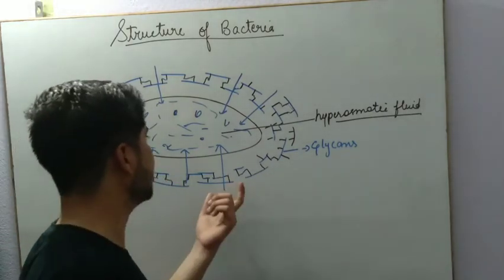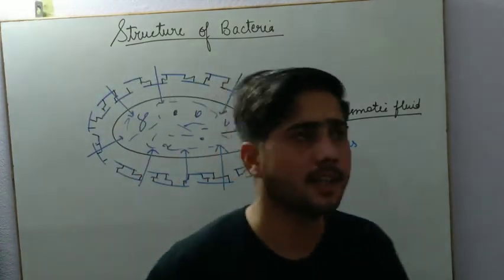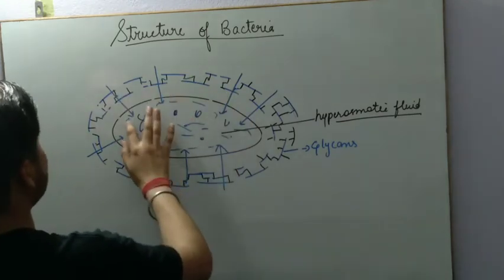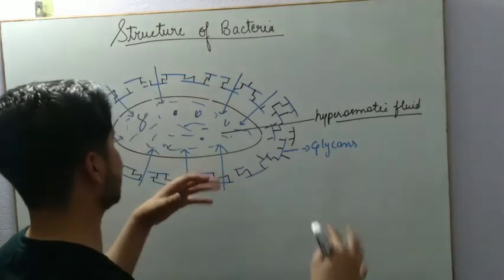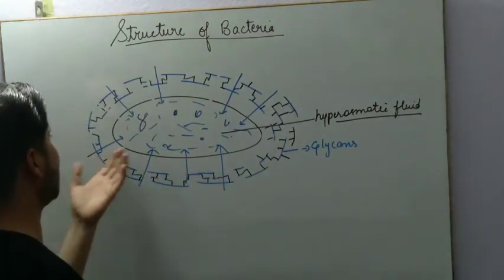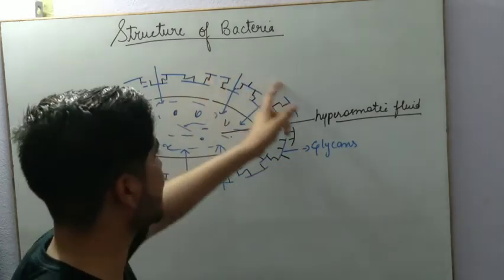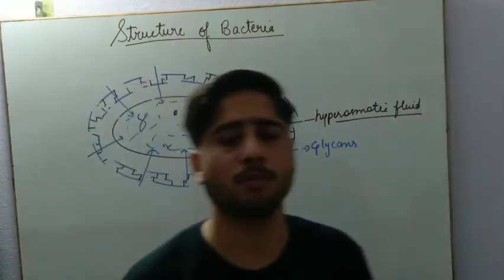When bacteria enter our body and fluid starts to enter, the cell size of the bacteria starts to enlarge because fluid is entering. So this cell wall does not allow the cell to swell, and hence prevents it from bursting.